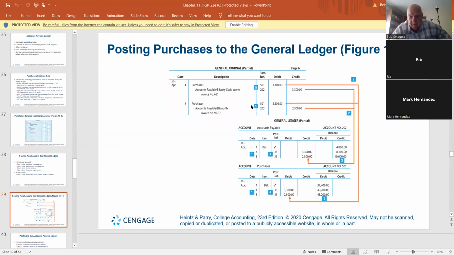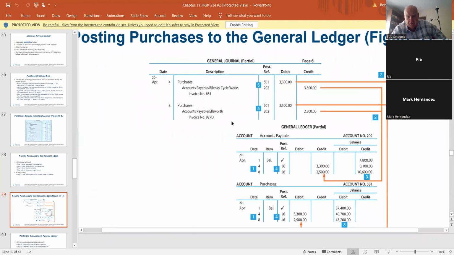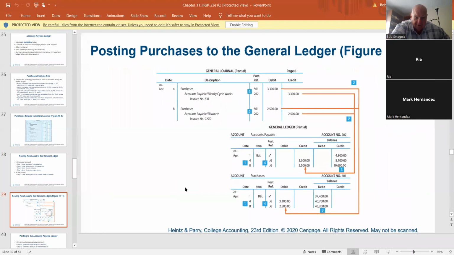But let's take a peek at it. Here's your general ledger. Purchases were 3,300. I see 3,300. 2,500 purchases, I see that. And I see the two credits to accounts payable right here, 3,300, 2,500 with the new balance. So that's just a simple look at the general ledger.